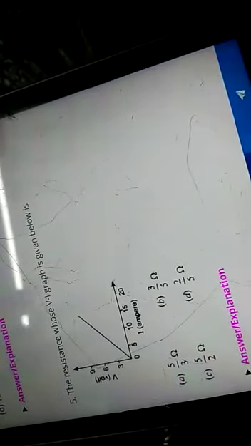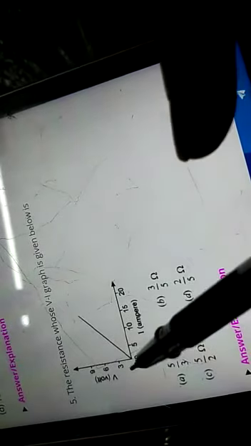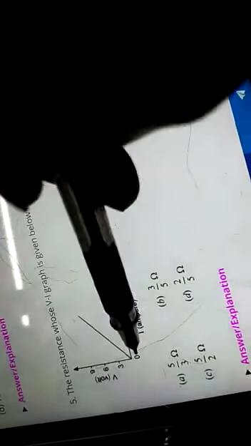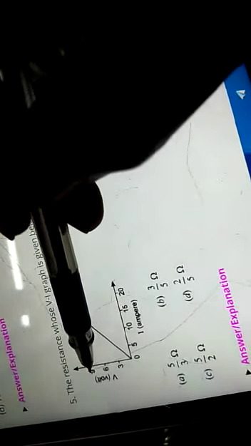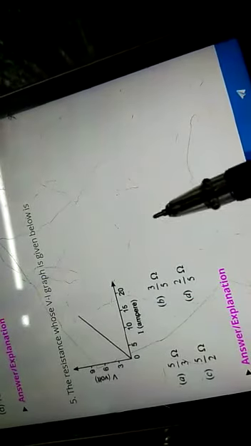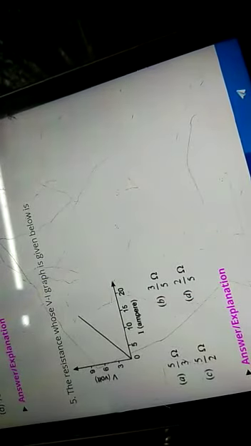Now question number 5, again it's a question related to a graph, and from this graph you have to find the value of resistance. When your voltage goes from 0 to 9, your current goes from 0 to 15.